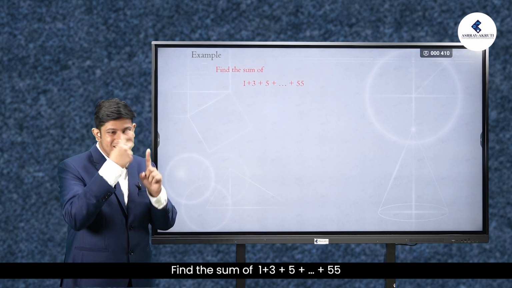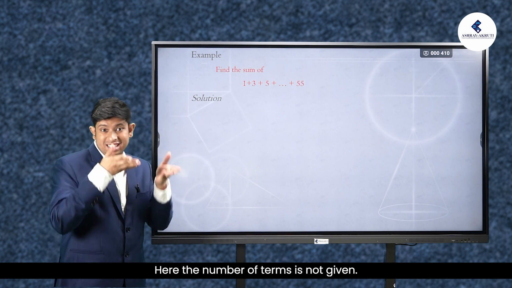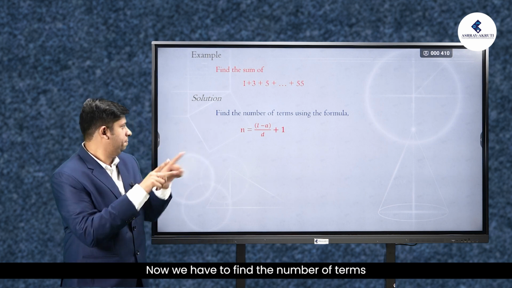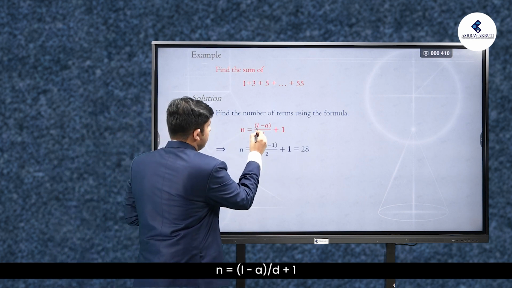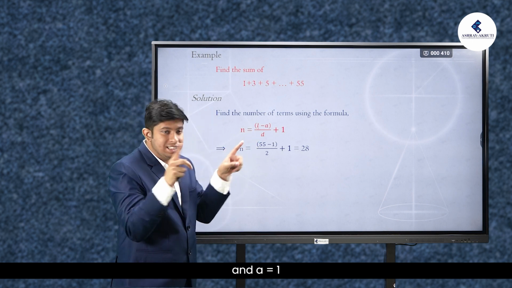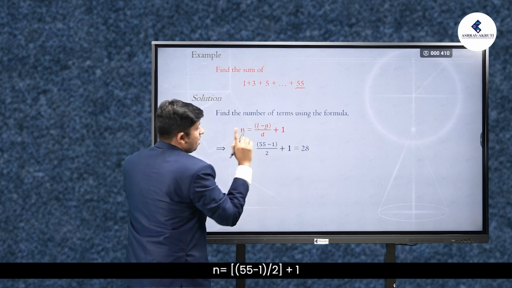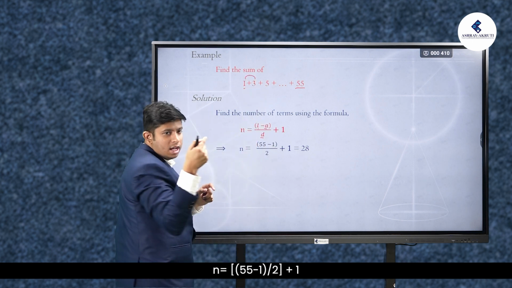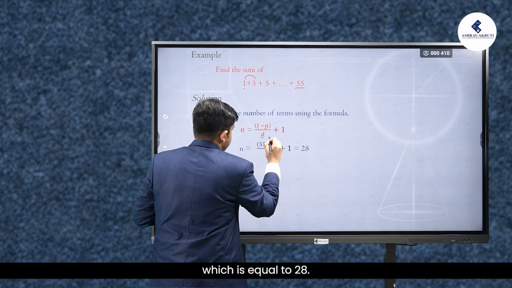Find the sum of 1 plus 3 plus 5 plus so on plus 55. Solution. Here the number of terms is not given. Now we have to find the number of terms using the formula n is equal to L minus A by D plus 1. Here L is equal to 55 and A is equal to 1, which gives n is equal to 55 minus 1 by 2 plus 1, which is equal to 28.